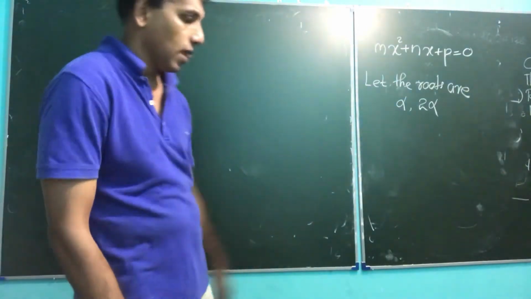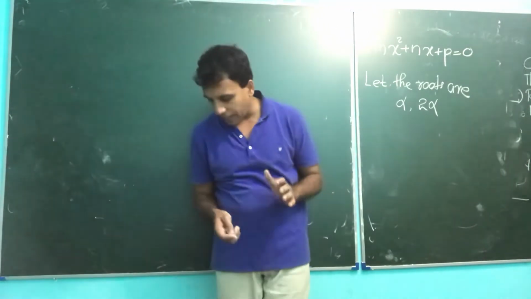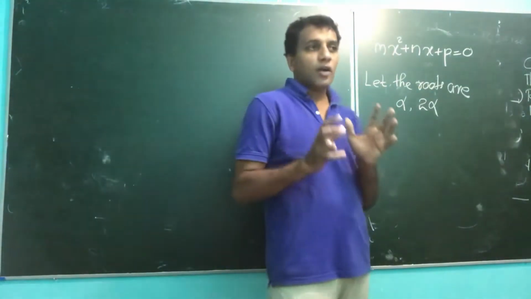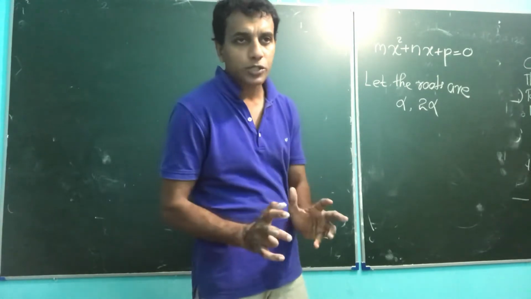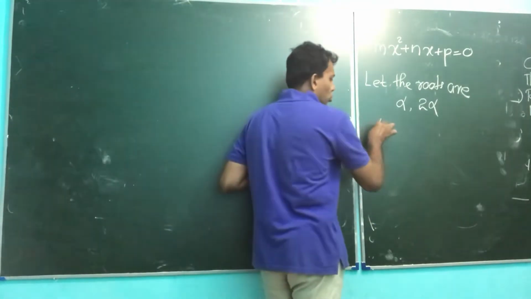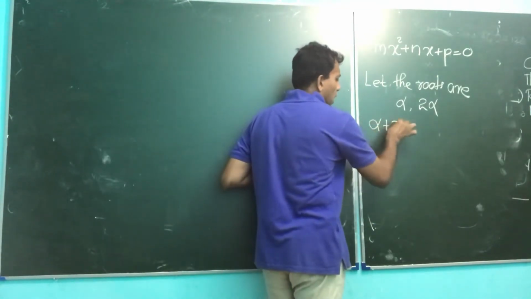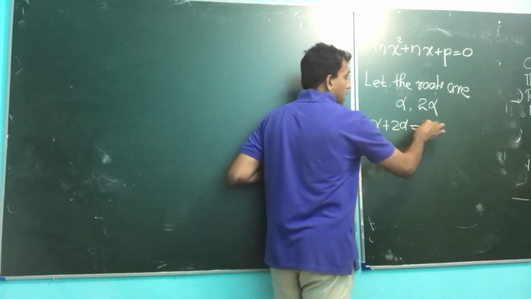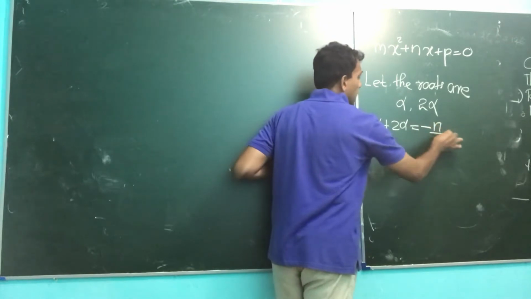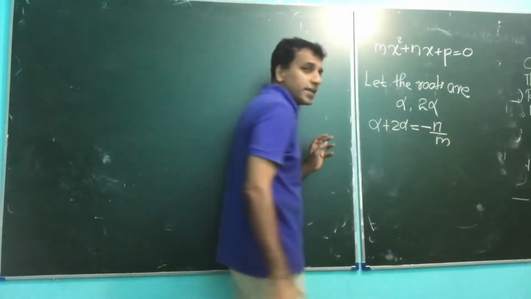We take this. Okay. Next, after showing that, always write the sum of the roots and the product of the roots. Therefore, alpha plus beta, what is the answer generally? Minus b over a. Here, minus n over m.